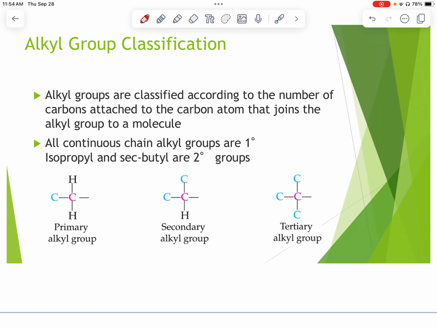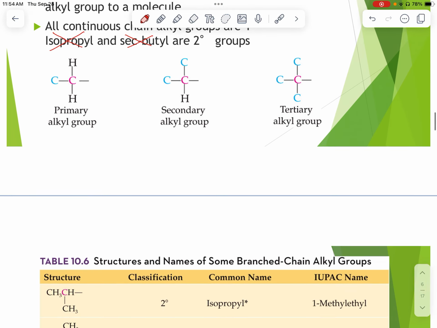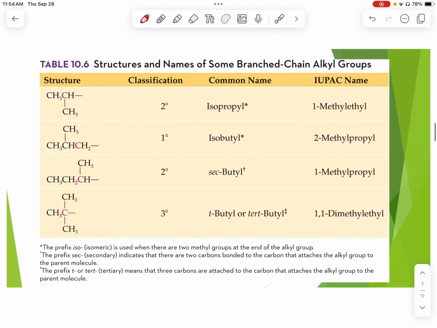I'm never going to test you on ISO and SEC, but I just wanted you to be familiar with those just in case you ever saw them. Primary ISO and SEC are secondary groups. And I'll show you some examples of those right here.